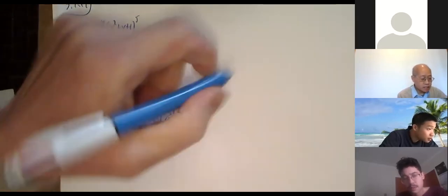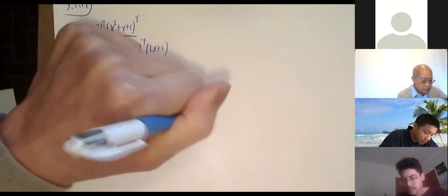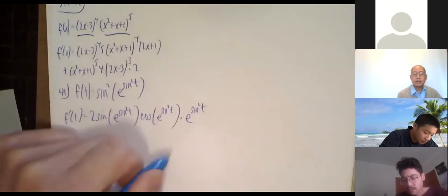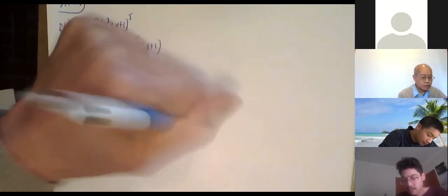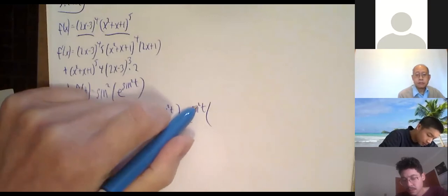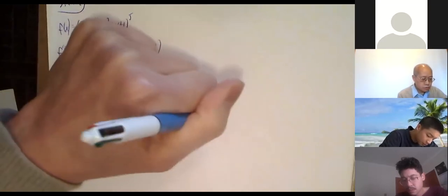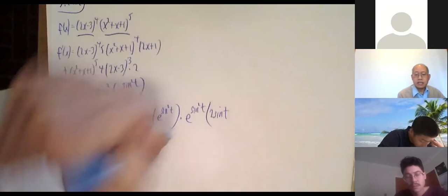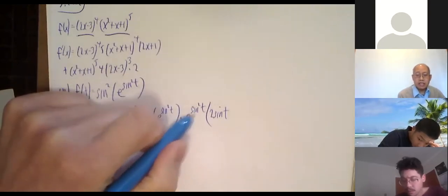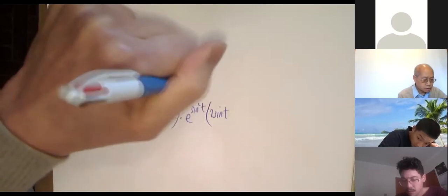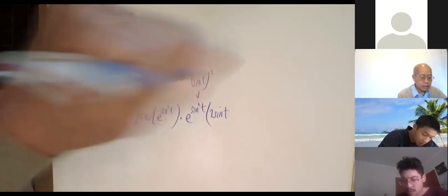The derivative of e to the sine squared t is e to the sine squared t, and then by the chain rule times the derivative of sine squared t, which is 2 sine t to the first power. Pretend it's sine of t, squared. That's ultimately what it means.